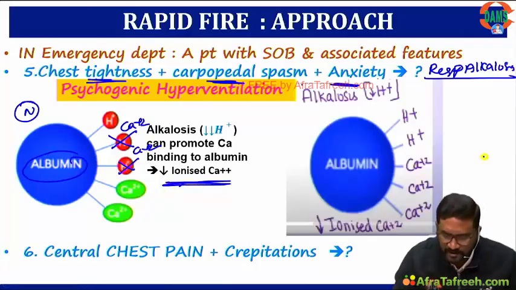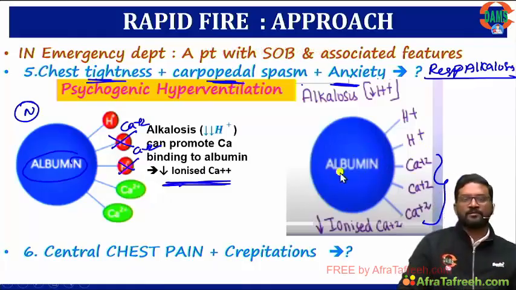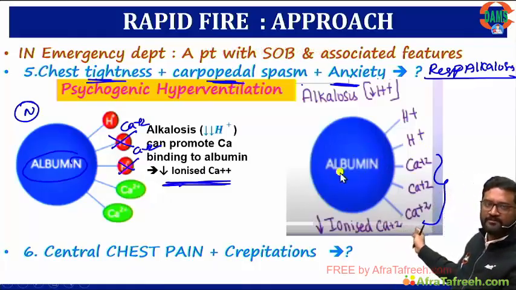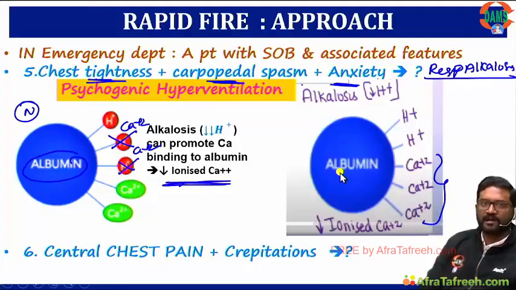Because H plus has reduced, a lot of calcium will find that place and start binding to albumin. So because calcium from the circulation is binding to albumin as H plus is lost, there will be a transient hypocalcemia resulting in carpopedal spasm.